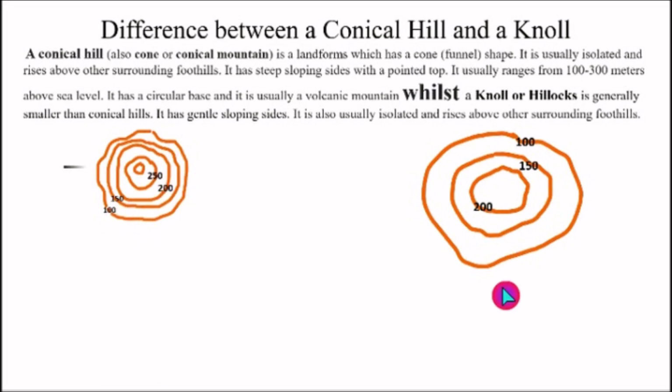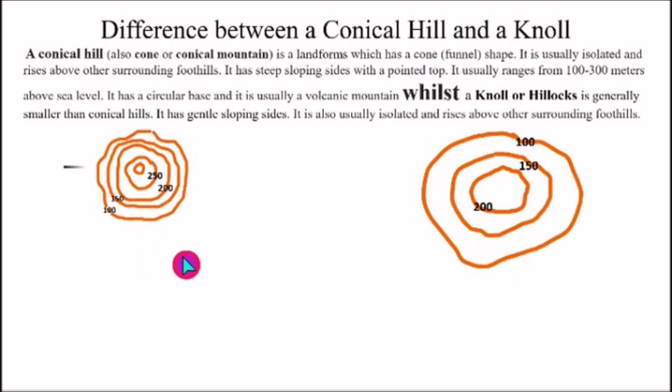Now, a knoll is gentle sloping because, as you can see, the contour lines are not closer to themselves, but far apart. It is also a small hill or mountain because it ranges from just 100 to 200 meters.